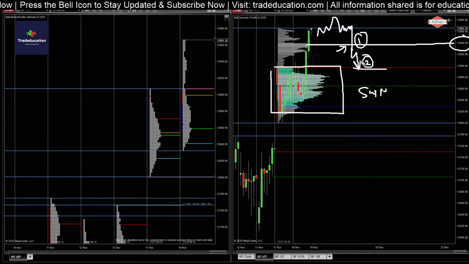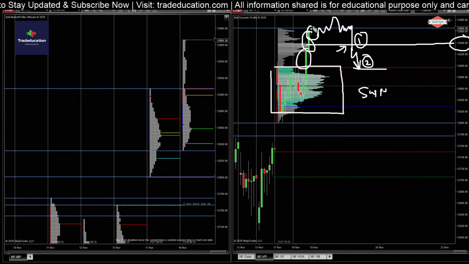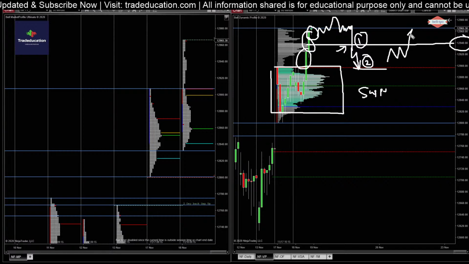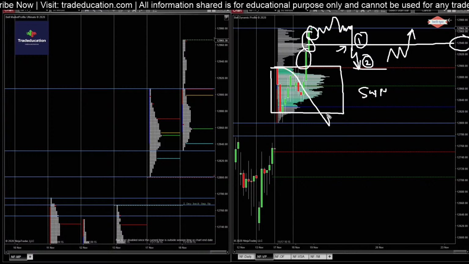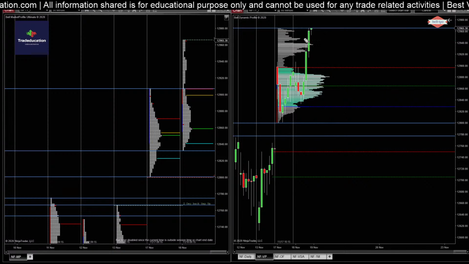This is the overall trade plan which I have, because this buying activity which came in was nothing but a sort of liquidation break. A lot of traders were trying to short the market, and these candles are nothing but the stop losses which got hit.